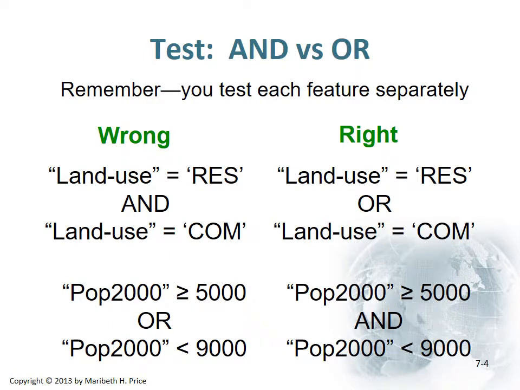So we have to have both of those conditions applied at the same time. So we use "and": pop 2,000 greater than or equal to 5,000 and pop 2,000 less than 9,000. That'll give us a range between those values. The "or" statement selects everything quantitatively because everything can fit that.